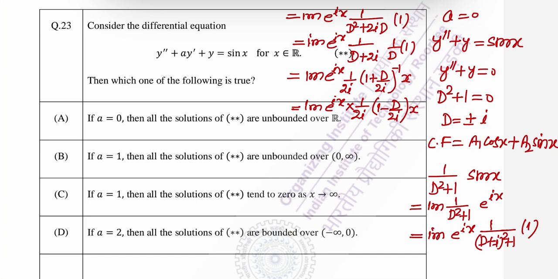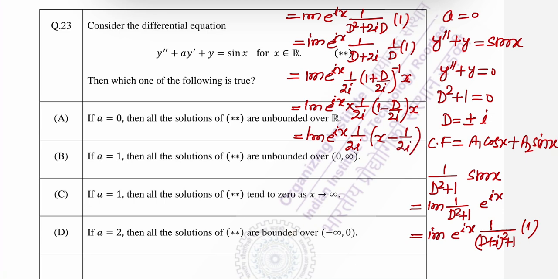So there is no need to write the higher powers of D. So what we have, let me write one more step: here will be 1 by 2i, and inside the bracket here will be x, and here will be 1 by 2i.